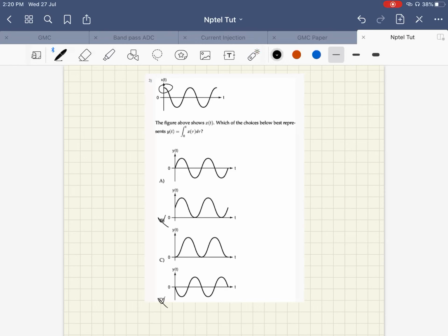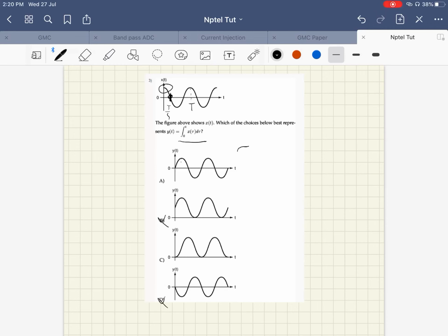Now, the third thing that we can see over here is at this particular time instant, let's say the time period of this waveform is T. At T by 4, the derivative of the integral waveform, that is x of t, becomes 0. Due to this, the integral waveform must become flat for that instant.